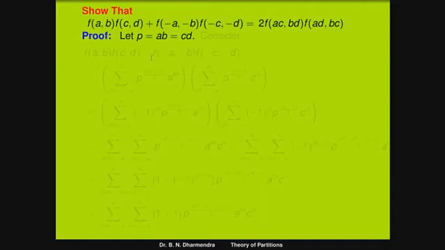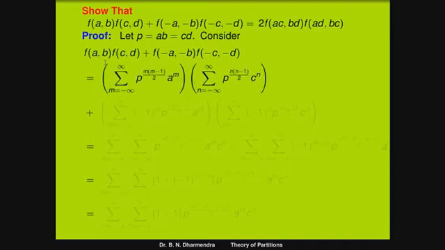Using the same result, we apply it to f(c,d), which is equal to the summation, m running from minus infinity to plus infinity, of c to the power m into p to the power m(m-1)/2, here p is equal to cd. So using that concept, let's consider the LHS: f(a,b) f(c,d) plus f(-a,-b) f(-c,-d).